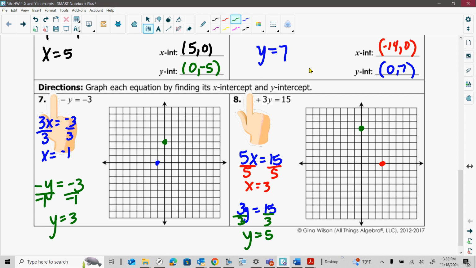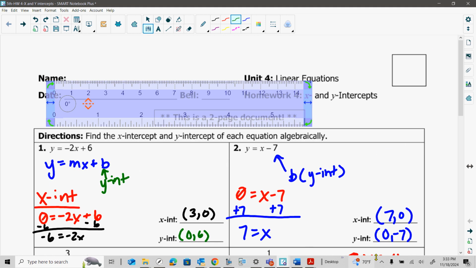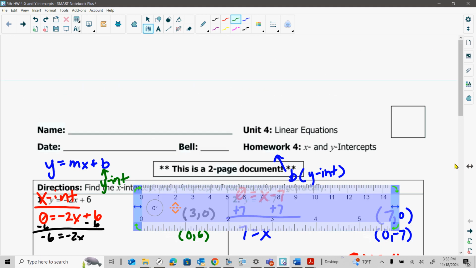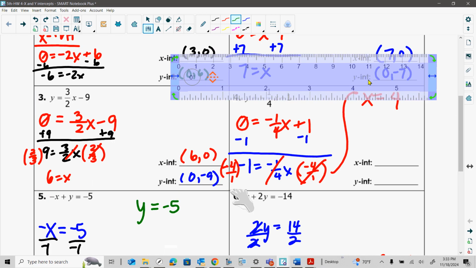And now we're going to use our ruler. I don't think mine is up here, so let me get it. We line up our points with the straight edge and create our line.